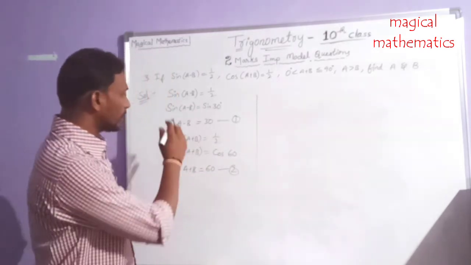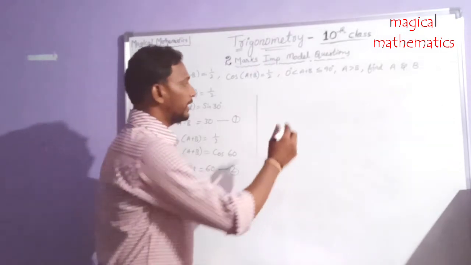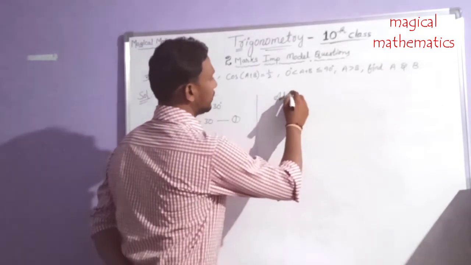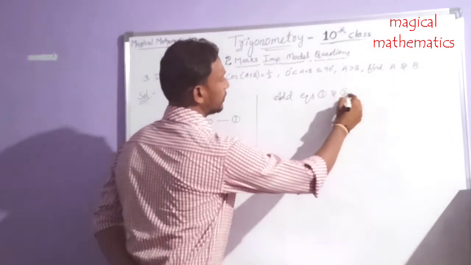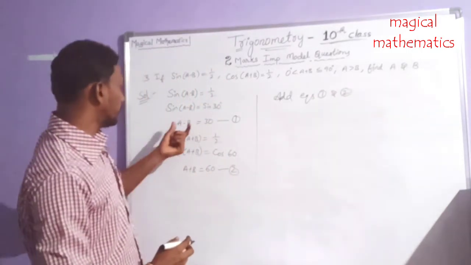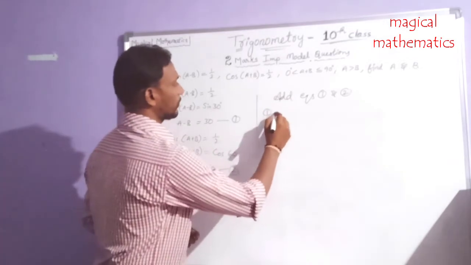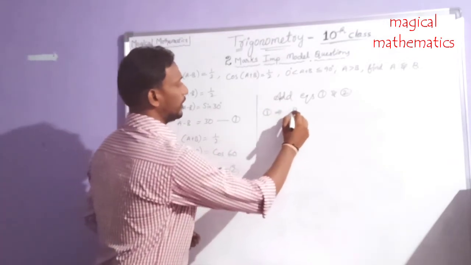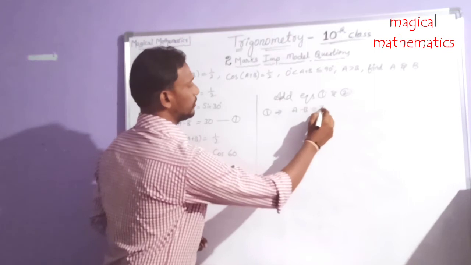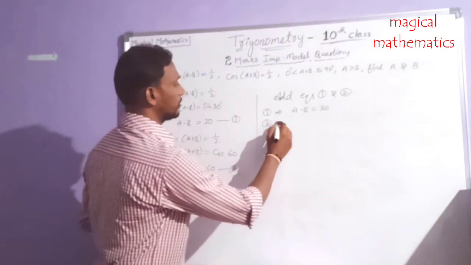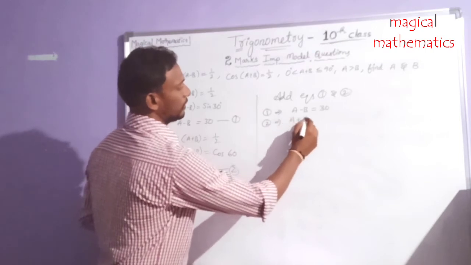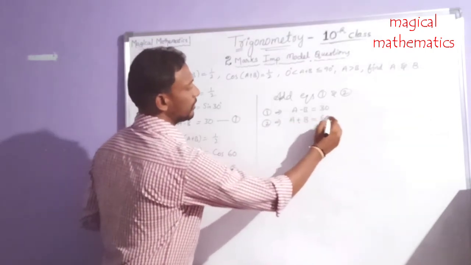So add equations 1 and 2. Equation 1 is A minus B is equal to 30. Equation 2 is A plus B is equal to 60.